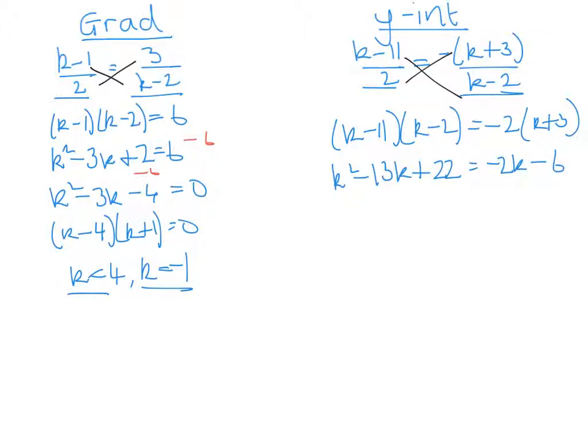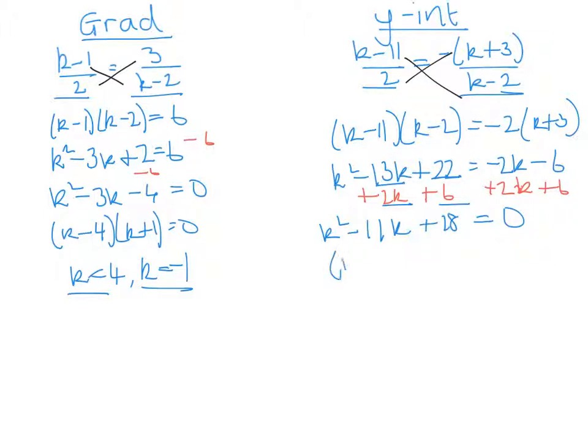Now I'm going to get everything across to the other side by adding 2k and adding 6, and I need to keep the equation balanced, so I'll do the same on this side. I'll get 0 on this side, and k squared minus 13k plus 2k is minus 11k, and 22 plus 6 is 28. If I factorise that, I'll get k minus 4, k minus 7. So k can be equal to 4 or k can be equal to 7.